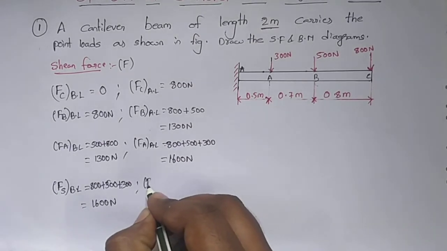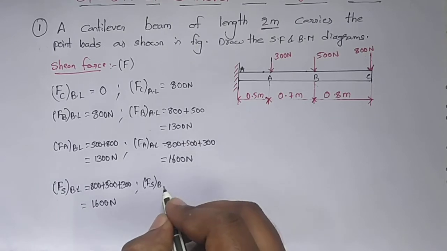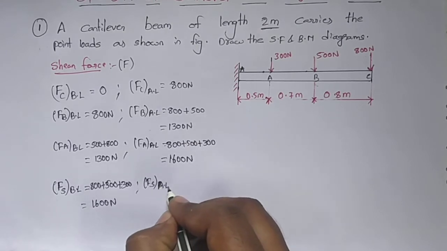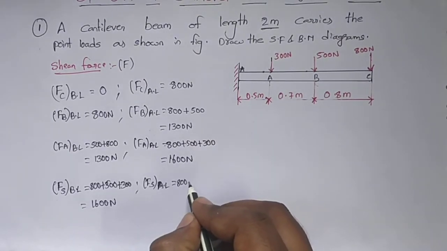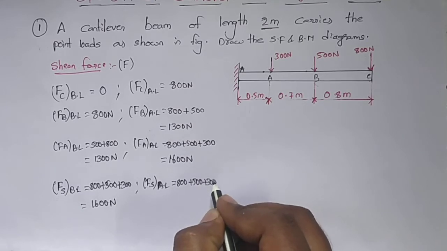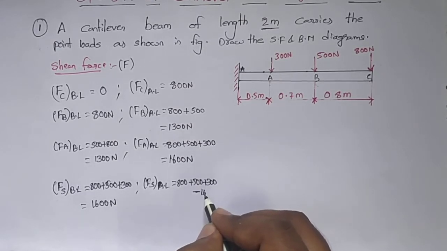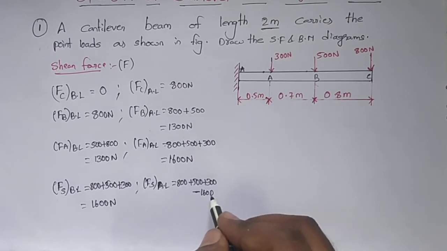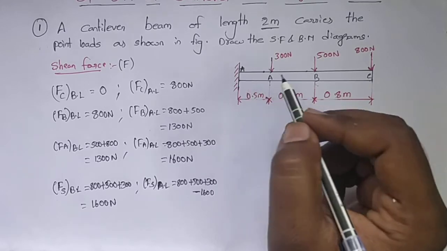Next, shear force at the fixed support after load equals 800 plus 500 plus 300 minus 1600. Here 1600 is the reaction force acting at the support.